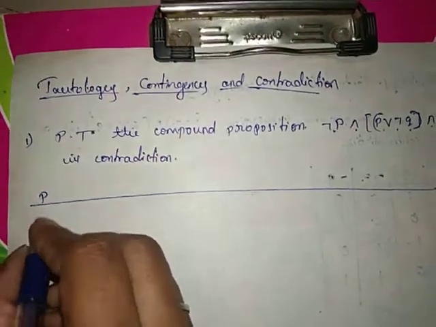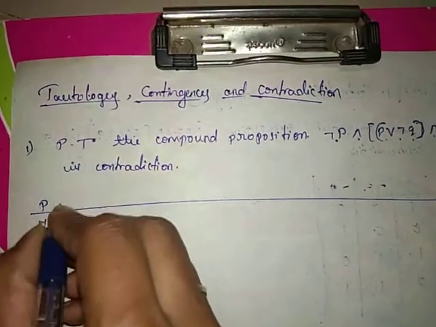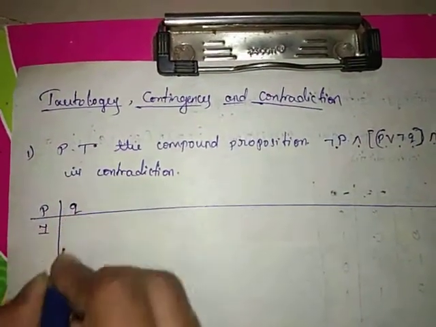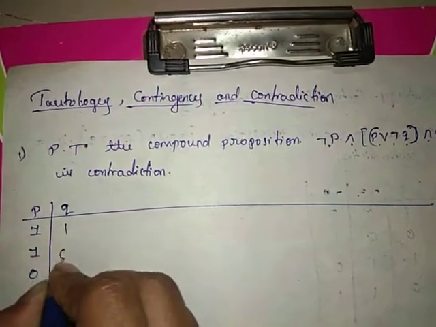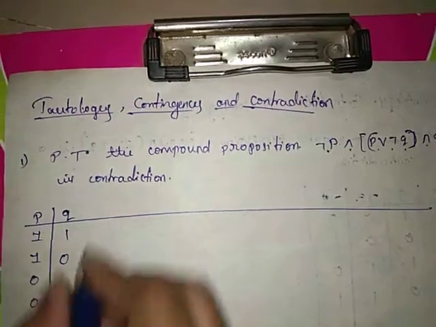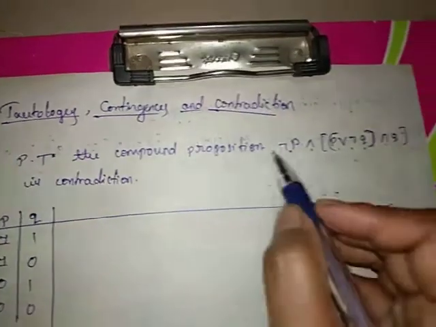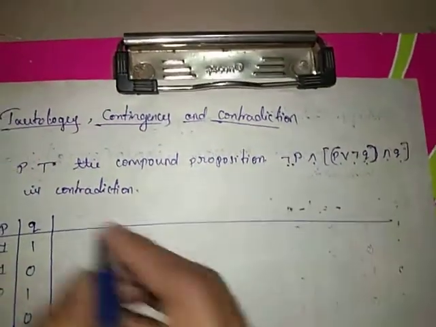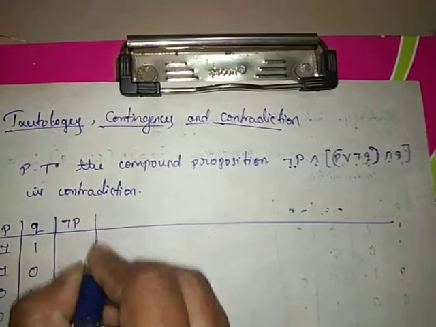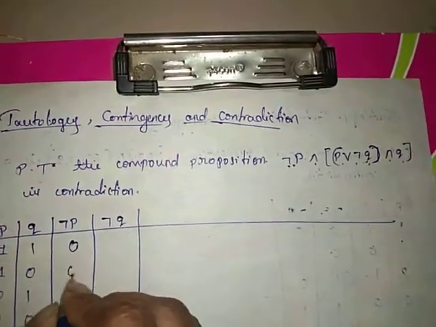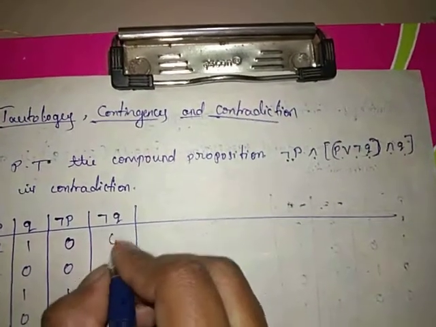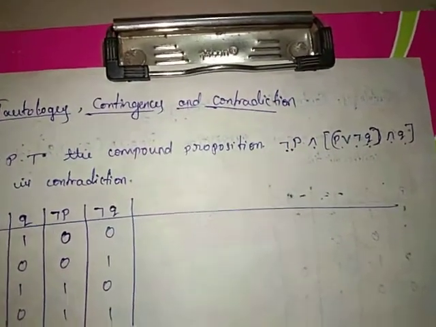I am assuming the values of P, meaning all possible values we have to take here. 1 1 0 0, 1 0 1 0. We also need the negation of P and also the negation of Q. So I am also writing the negation of P and negation of Q here. 0 0 1 1, 0 1 0 1.